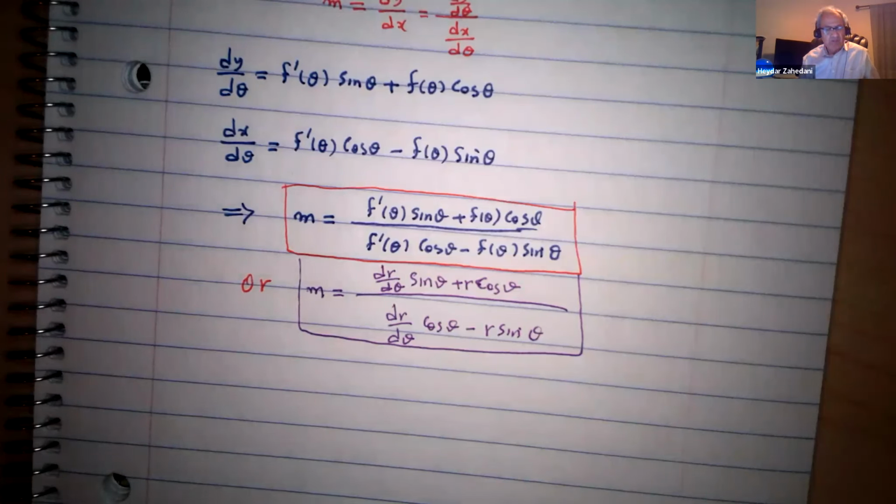The examples are going to be easy: a function is given and you're asked to find the slope.